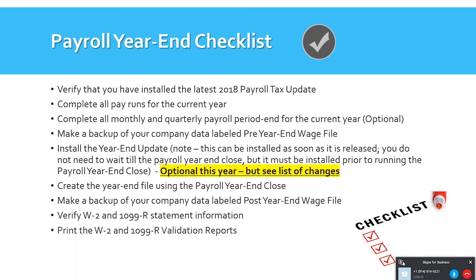And once you've done that, you can make a backup, and it's recommended to have a backup at that point called pre-year-end wage file, because as part of the payroll close process, you're going to be creating what GP calls a year-end wage file, and that just holds all of the totals for all of your employees for the year, and that's where it holds all the amounts that are going to print on your W-2s.